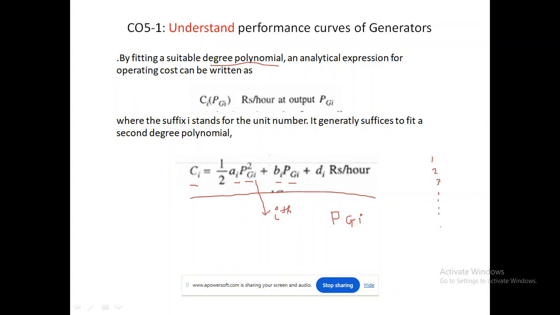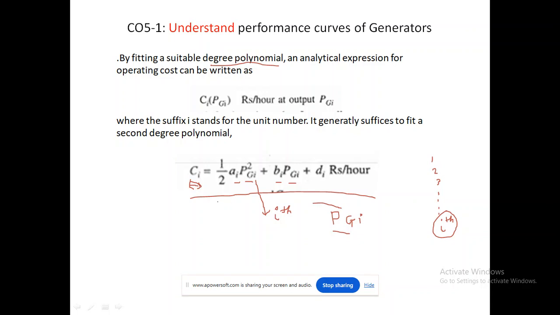Likewise, it is the ith plant. So from the ith plant, if you want to generate PG power, then what will be the cost? If you substitute this value in this equation, then this equation will give you how much cost of coal will be required. It is in rupees per hour.